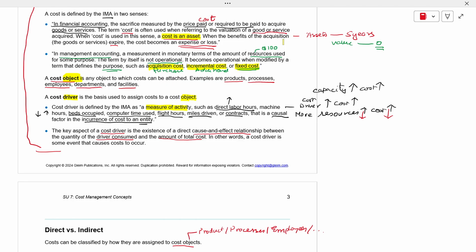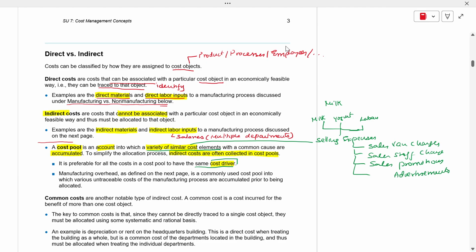Cost drivers are things like direct material, labor hours, machine hours, and bed occupied. It is preferable for all the costs in the cost pool to have the same cost driver, for example machine hours.